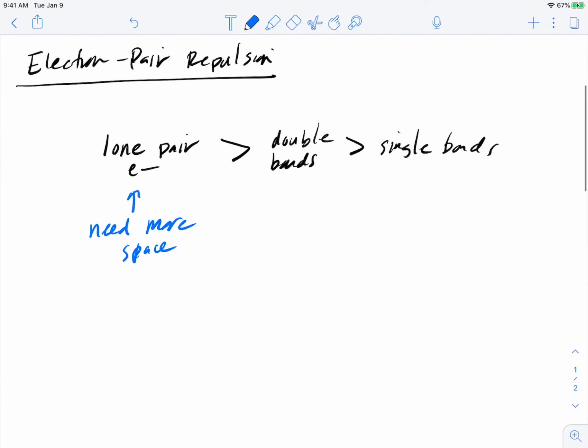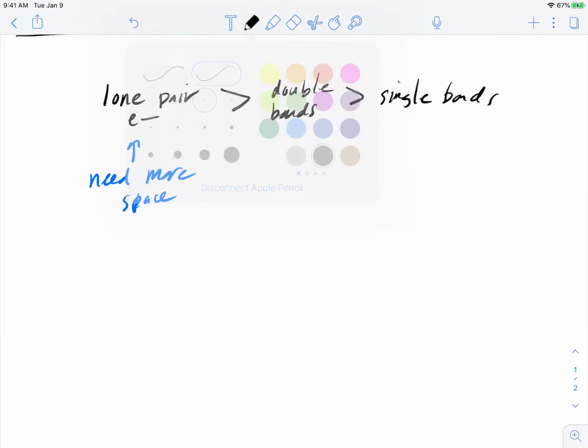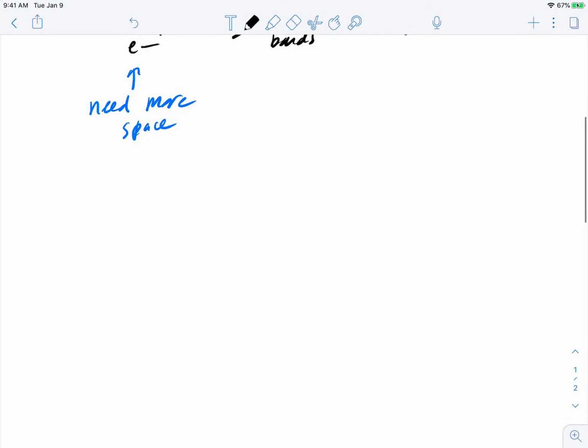For each of our structures, we're going to describe them using three main characteristics. We're going to do more at the end once we do hybrid orbital theory, but initially we're going to say what is the electron pair geometry, or sometimes we just call it electron geometry.